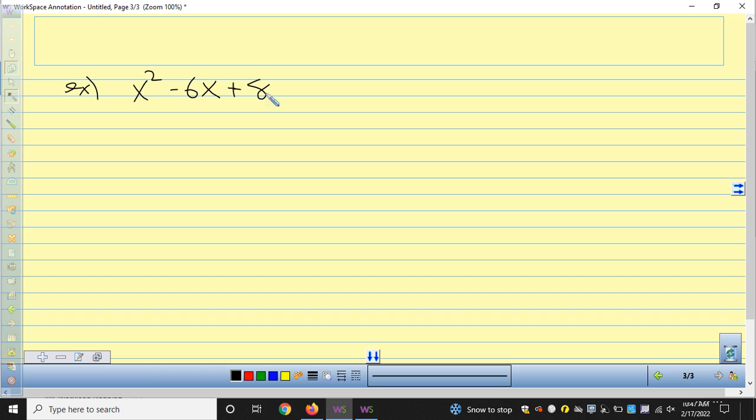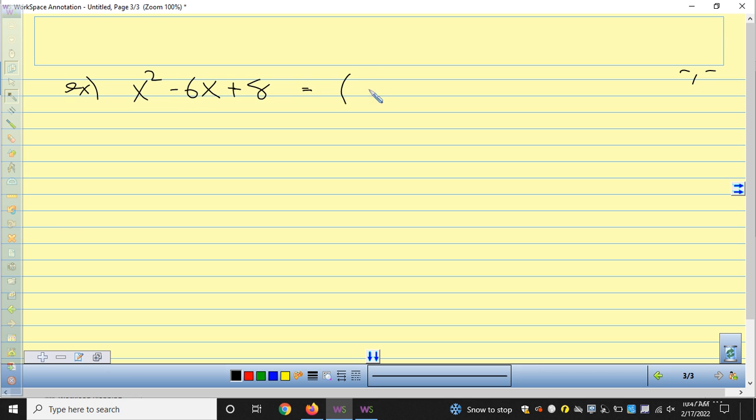So those either have to be both positive, positive times a positive gives me a positive, or both negative. And they're adding to be negative 6. So the only way I can get a negative when I add these two together is if both the numbers that I pick here are negative. So my factors have to be negative and negative. That's the only way I can multiply to get a positive and add to get a negative.